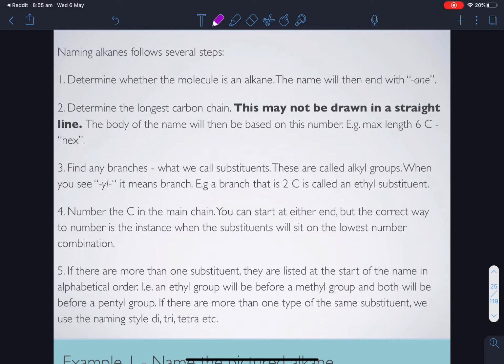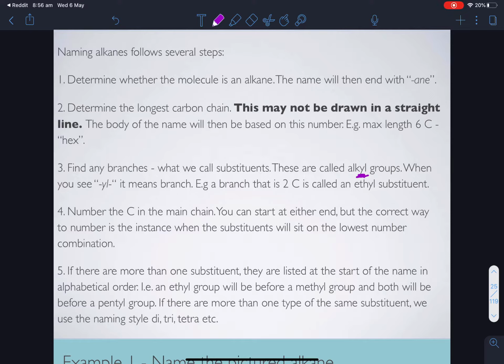Okay, after that you need to find branches. Branches and other things we call substituents. Things that aren't just hydrogens on that backbone, we call substituents. And when they're a branch of carbons, we call them alkyl groups. Like they're alkane branches, alkyl groups. The yl usually tells you that you've got a branch.